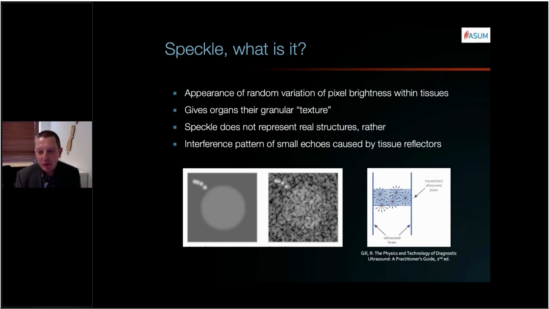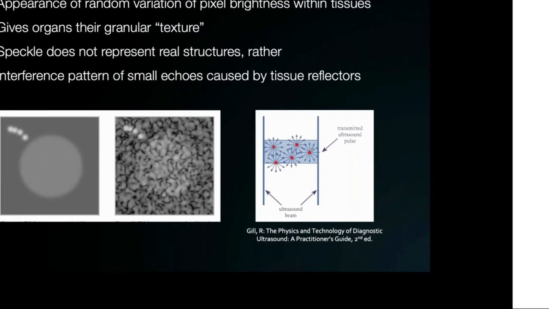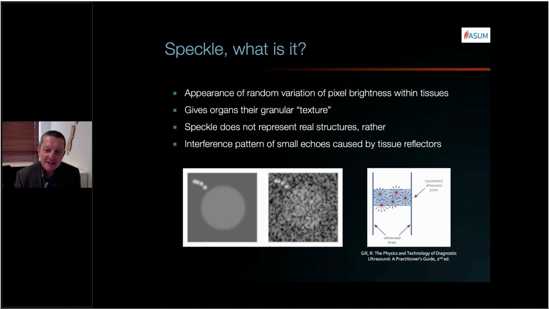In this case, we have some very small tissue reflectors, and the tissue reflectors here produce very small ultrasound echoes. These echoes are too weak to be individually detected by the ultrasound machine. But you can see that as the small wavelets of ultrasound propagate, these wavelets will start to merge, and they will constructively and destructively interfere with one another.